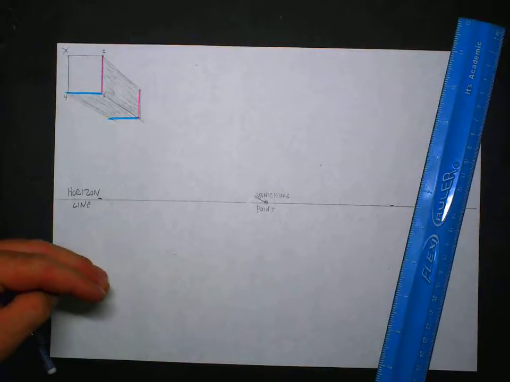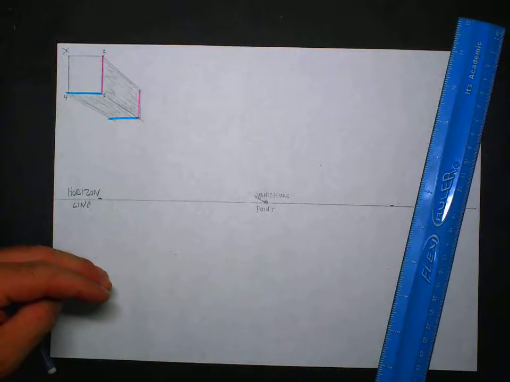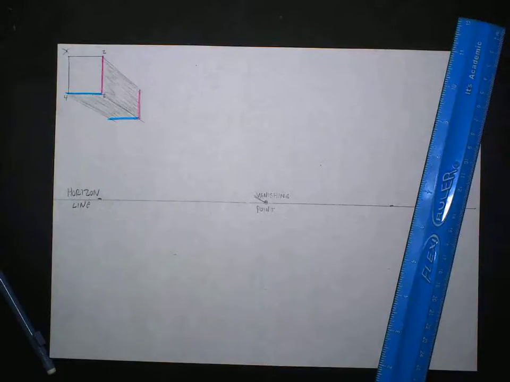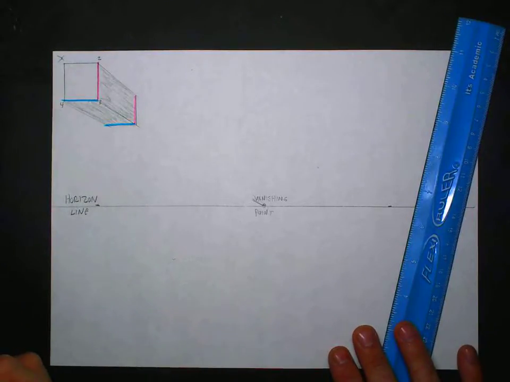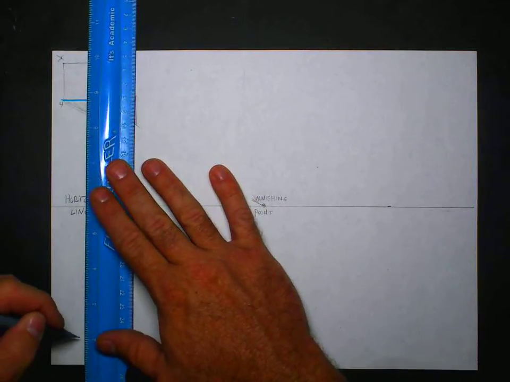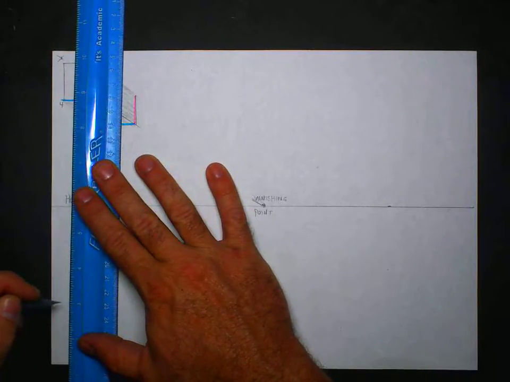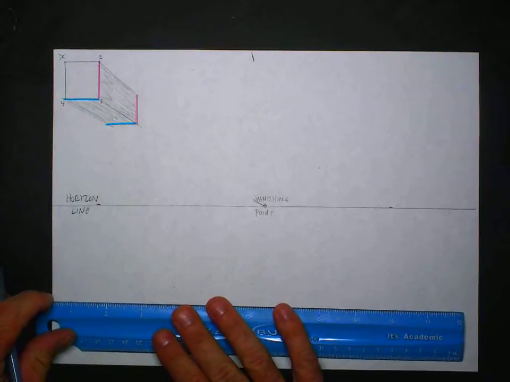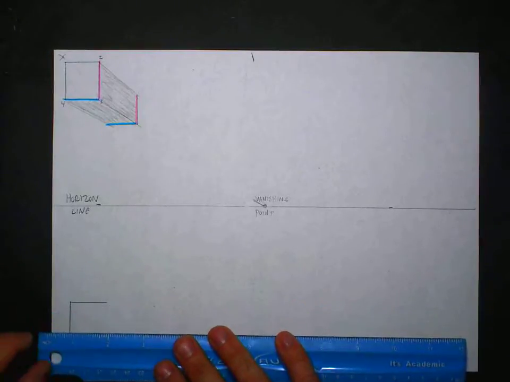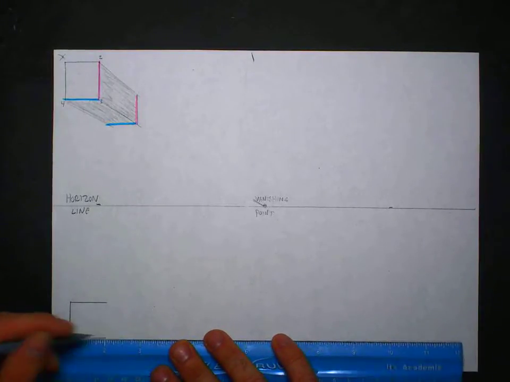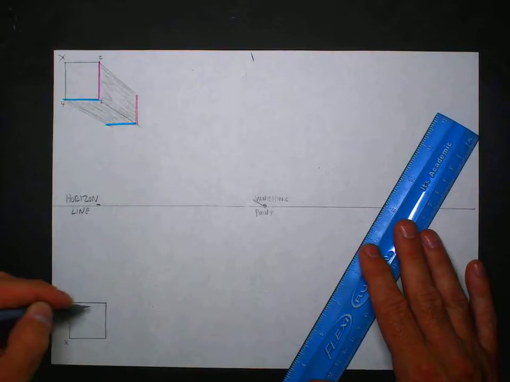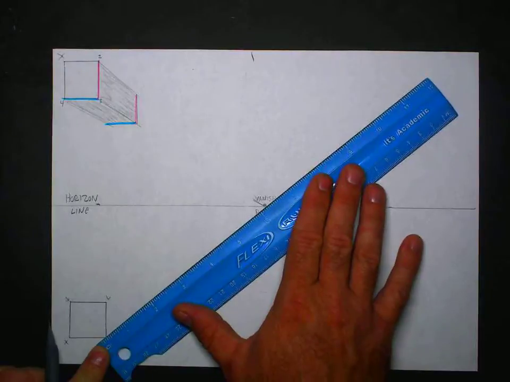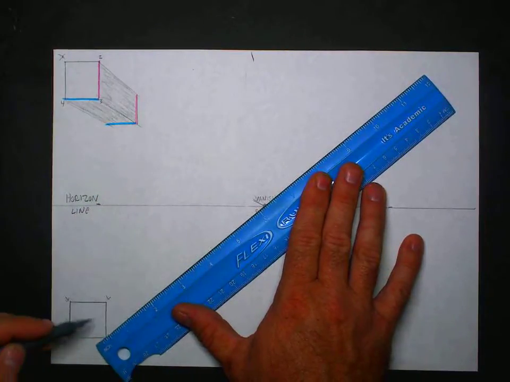I want you to go down here to the bottom left. I want you to create a square on your own without me walking you through it. Send all those in.